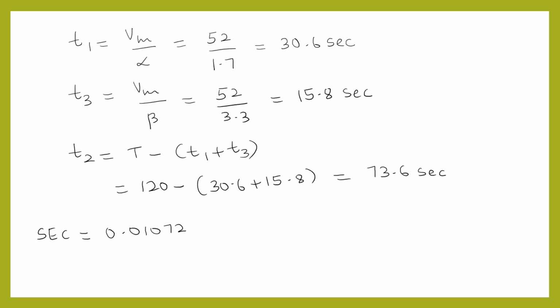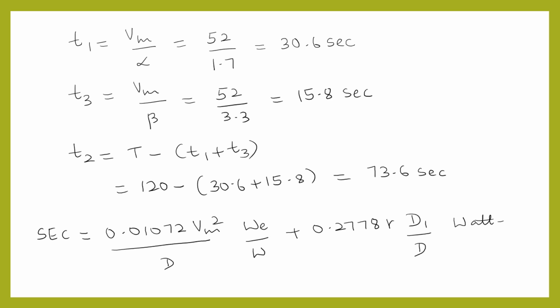Next, we have the specific energy consumption given by the equation 0.01072 Vm square by D into We by W plus 0.2778 R D1 by D in watt hour per ton kilometer.